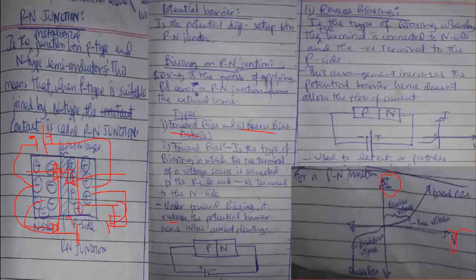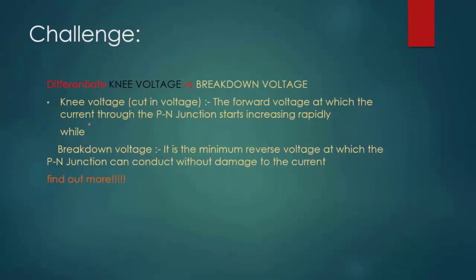The gap will be very, very large, almost breaking down in such a way that it will be impossible for charges to cross the gap. So once it reaches that stage, the breakdown voltage, no matter how much voltage you increase, the current remains the same. I'm challenging you, go and read more to find the difference between knee voltage and breakdown voltage. Okay, go and find the meaning of knee voltage and breakdown voltage.